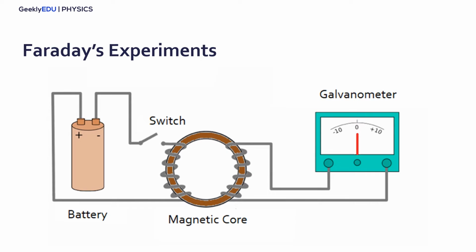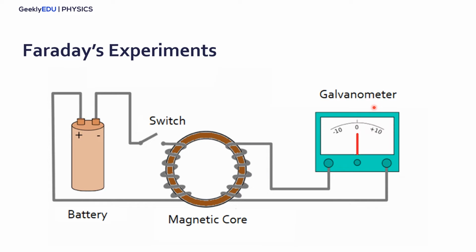experiments. For his next experiment, he tried to do something similar to the first one, but instead of a magnet, he was inducing a magnetic field through the electric field of the battery over here. So it was basically a battery connected to a coil that was coiled around this magnetic core, and on the other side we had another coil connected to a galvanometer.